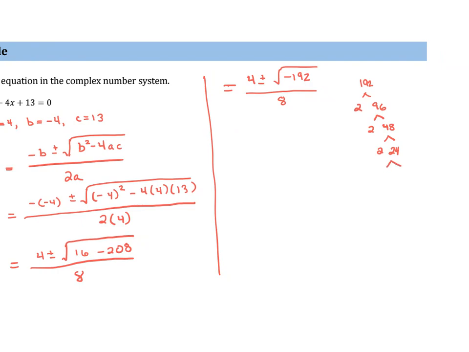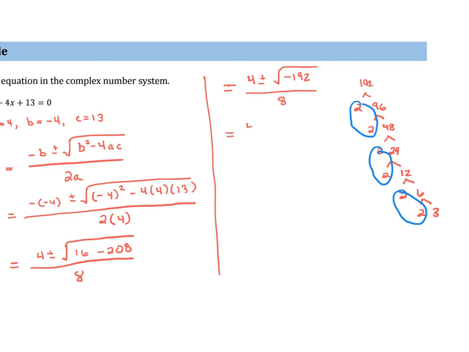And 24 is 2 times 12, which is 2 times 6, which is 2 times 3. So we have a pair of 2's, a pair of 2's, a pair of 2's. So that would be 2 times 2 times 2 when I take the square root.